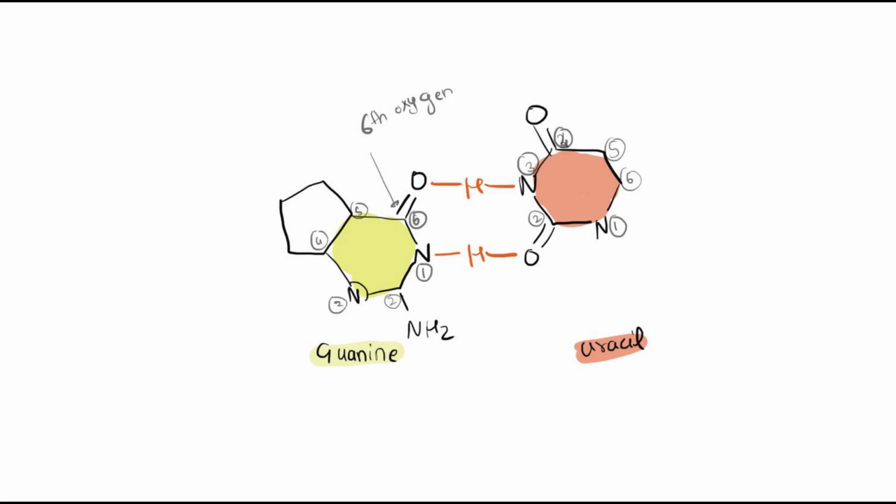These two hydrogen bonds are formed between the sixth oxygen atom of the guanine molecule and the third nitrogen atom of the uracil molecule. The other hydrogen bond is between the first nitrogen atom of the guanine molecule and the second oxygen atom of the uracil molecule.